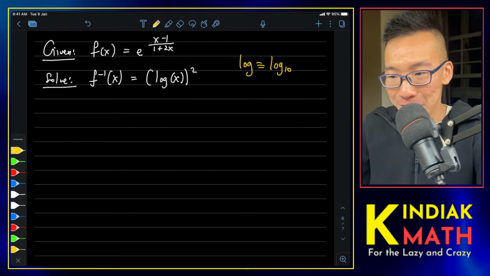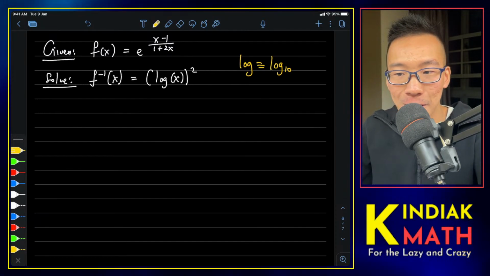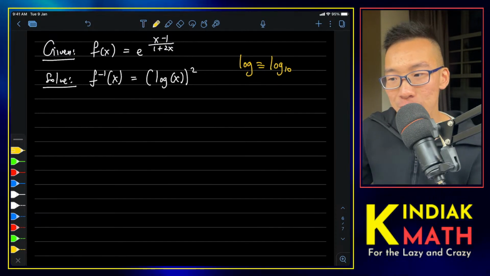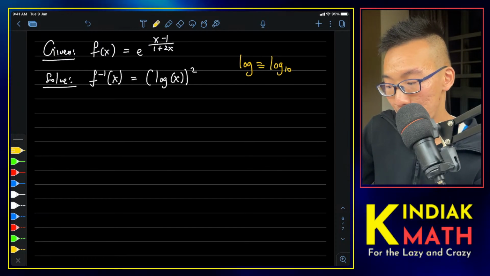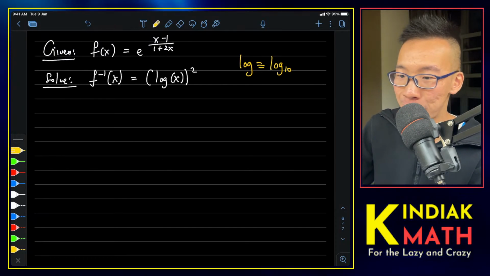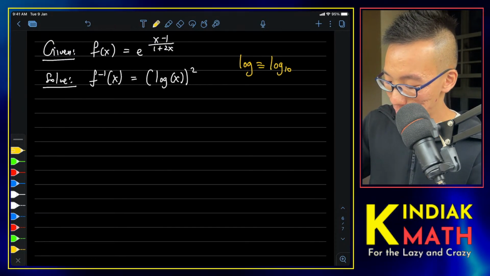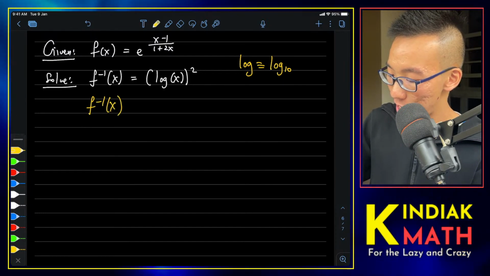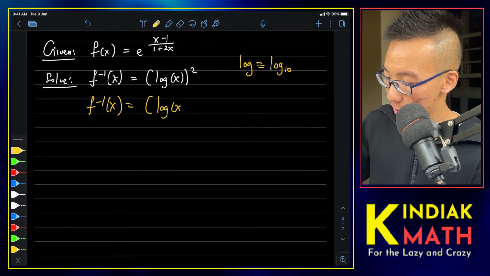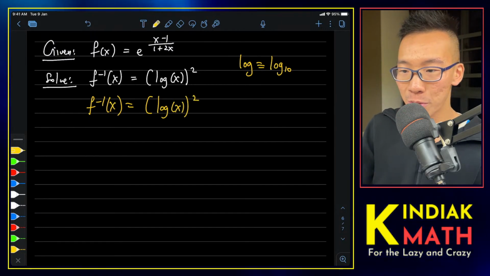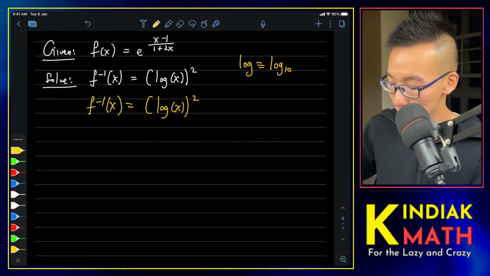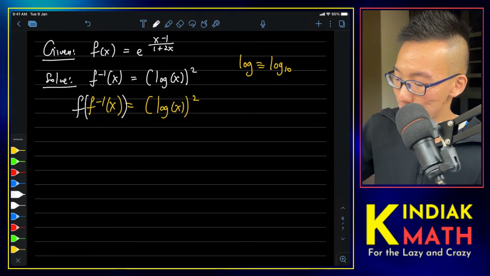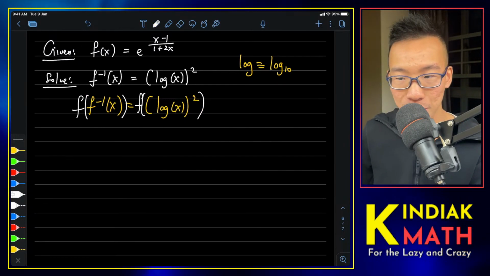okay, how do we go about this? Well, what cancels out the inverse? If we start off with an equation, what cancels out the f inverse? Well, that's going to be taking the original function.